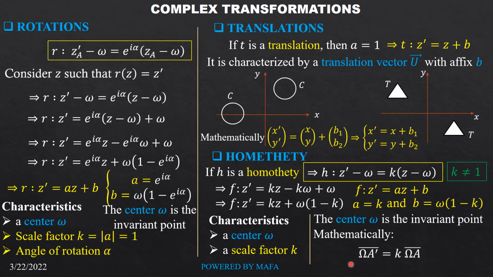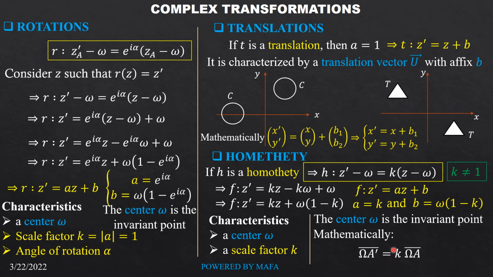We are saying that if we have a point A that is being transformed to the point A prime under a homothetic transformation with scale factor k about a center omega, it simply means that the distance from the center of the transformation right up to the image is a multiple, which is k, times the distance from the center of the transformation right up to the point itself.